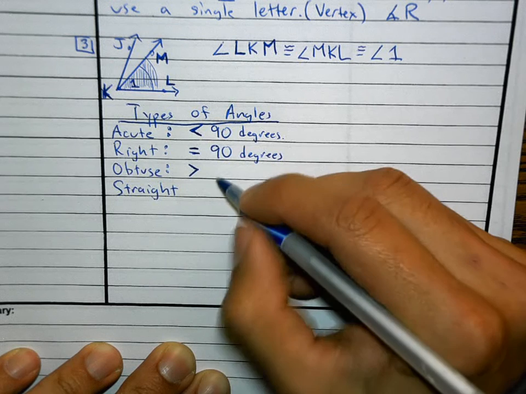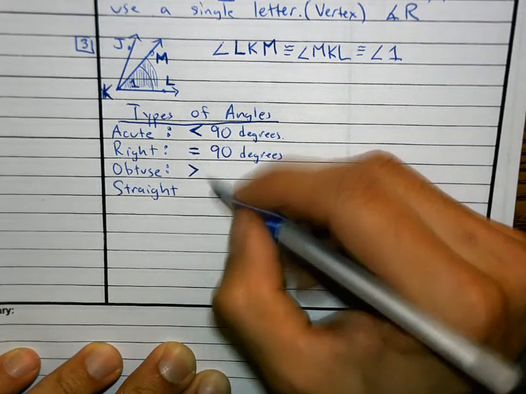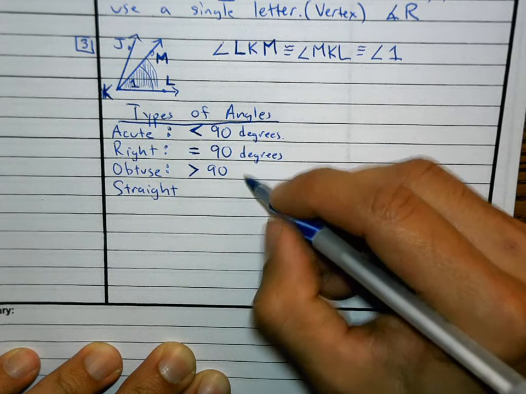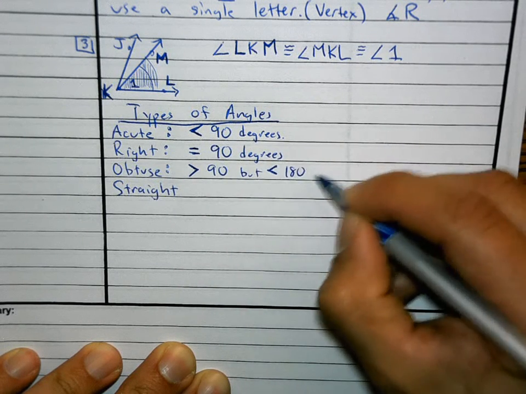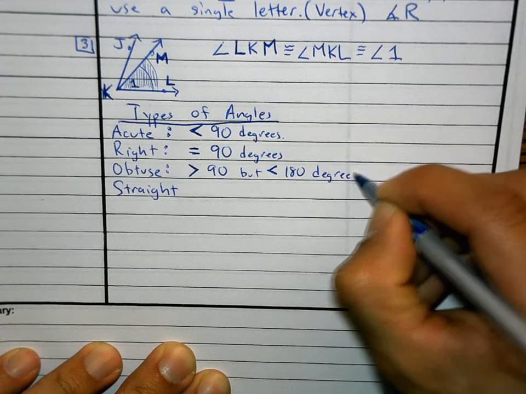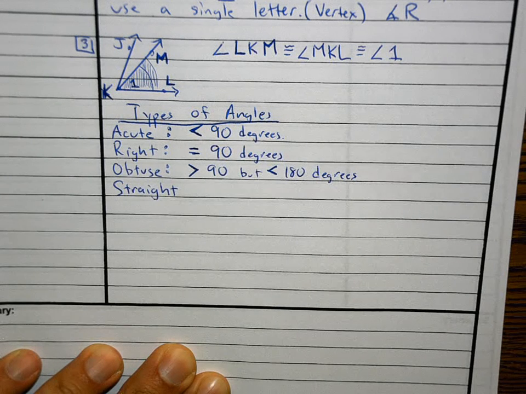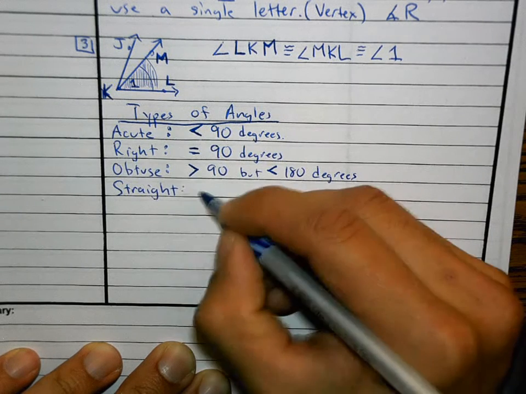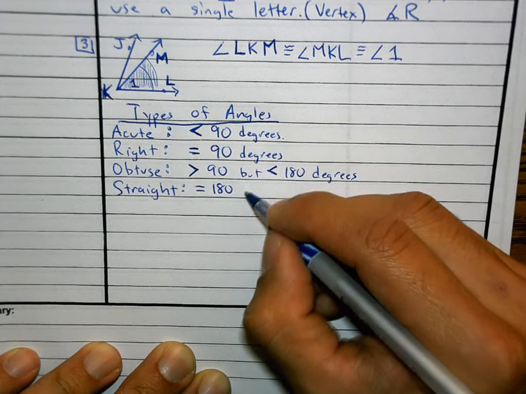Exactly. Obtuse is greater than 90, but less than 180 degrees. There's an easier way to write that. I just kind of should have written it a different way, but that's fine. And a straight angle is equal to 180 degrees.